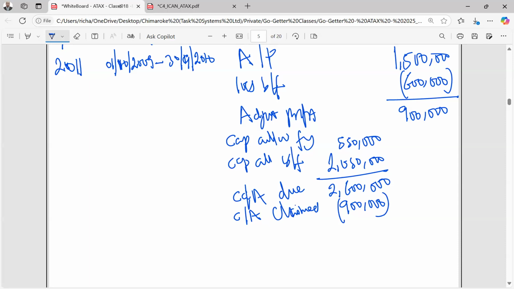Put brackets here. Come here again and put bracket 900. So this means here, what is the balance of capital allowance you are carrying forward? It's going to give you 1,700,000.